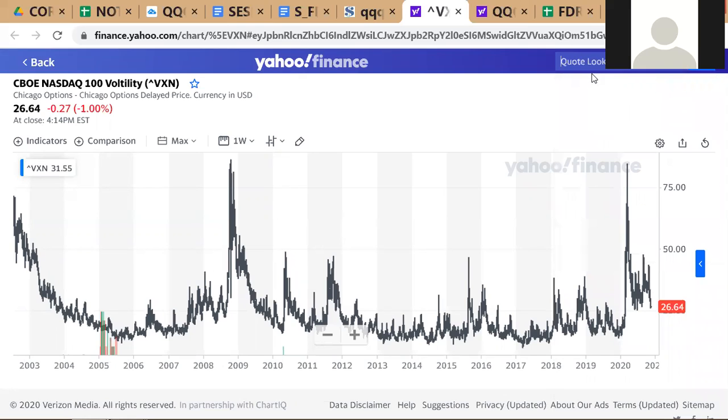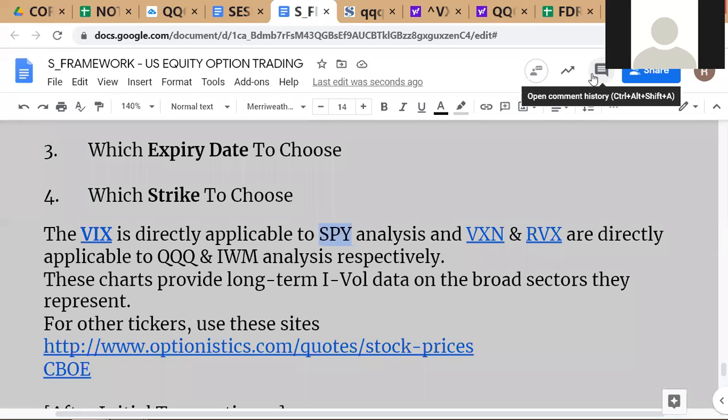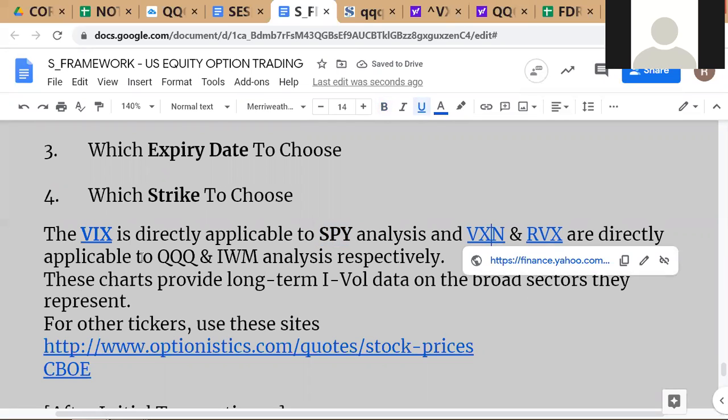There is another one, where we have standard tickers. So this is for SPY. VXN, I've already shown you, applies to QQQ. And you have another one, which is RVX, which is for IWM. IWM is the Russell 2000 index. This is another idea of what you can learn by focusing on developed markets. In the US markets, you see many indices, and they're tracking different types of stocks.